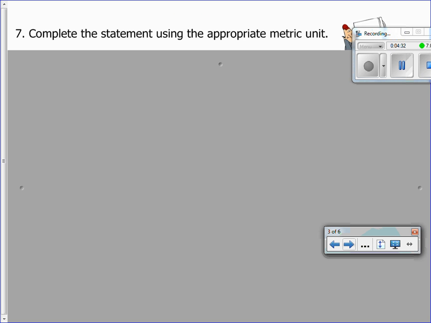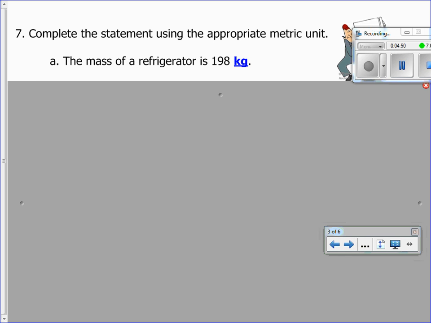All right, so we're going to complete the statement using the appropriate metric unit. The mass of a refrigerator is 198 what, class? Kilograms. B, the mass of a toothpick is 100 what, class?